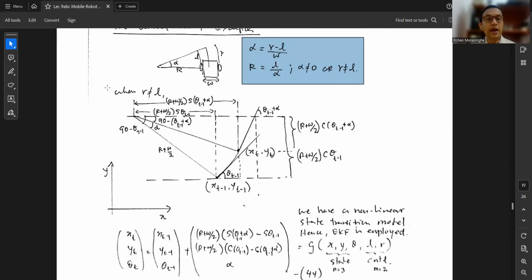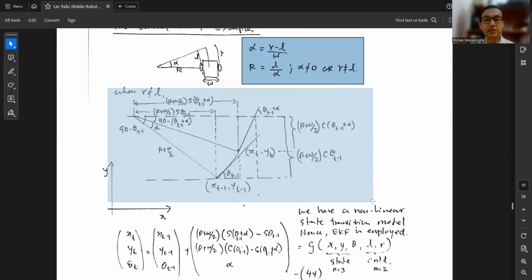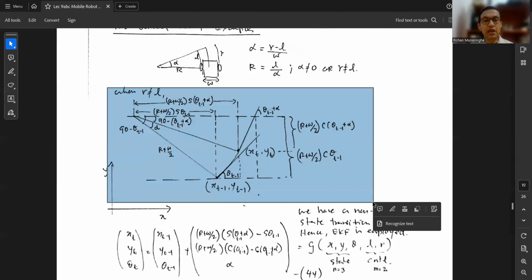And the diagram here tells you details about the two positions at t minus 1 and t, right? You can see it over here, position at t minus 1. This is the position at t, all right? And the heading at t minus 1 is theta t minus 1. Heading at t is theta t minus 1 plus alpha, because alpha is the angle it undergoes from t minus 1 to t.